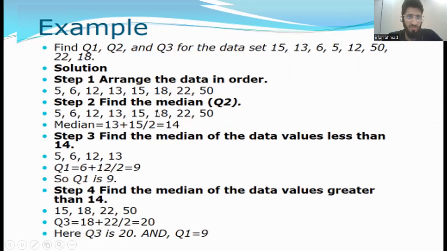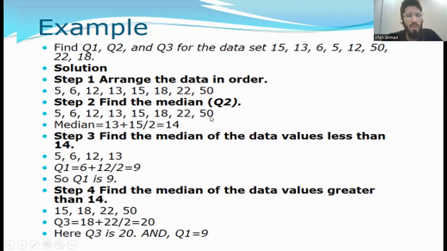Step 2 is to find the median, which is also called Q2. To find the median, we know from the previous slides that the procedure is n plus 1 divided by 2. Here n is the number of observations: 1, 2, 3, 4, 5, 6, 7, 8.